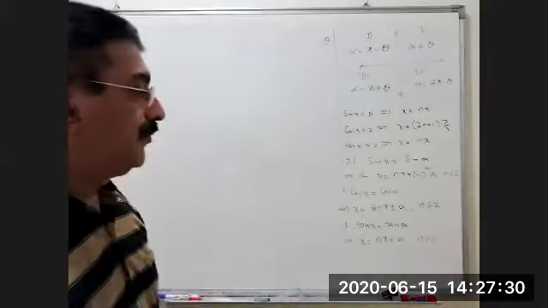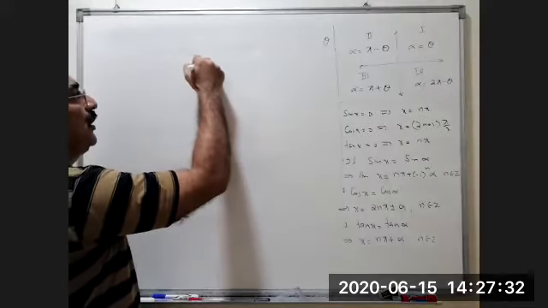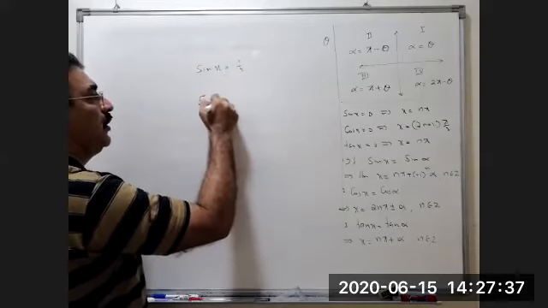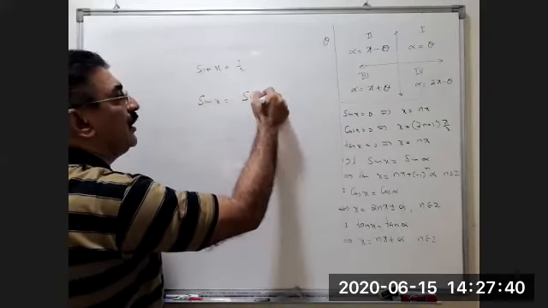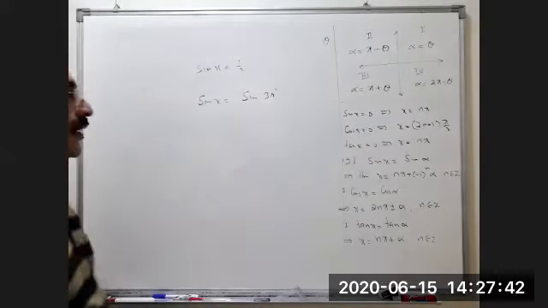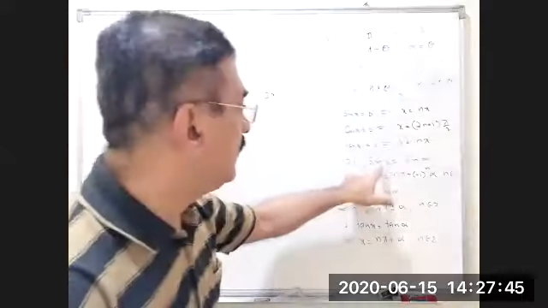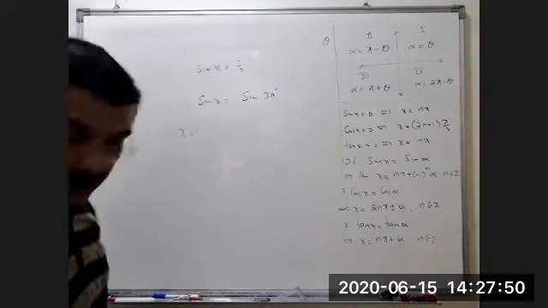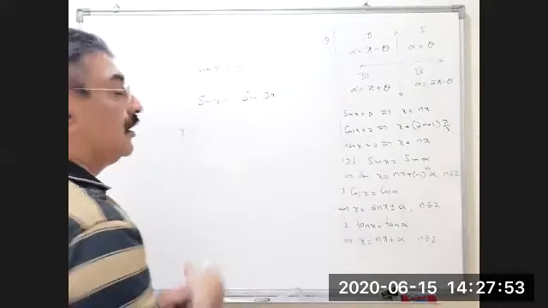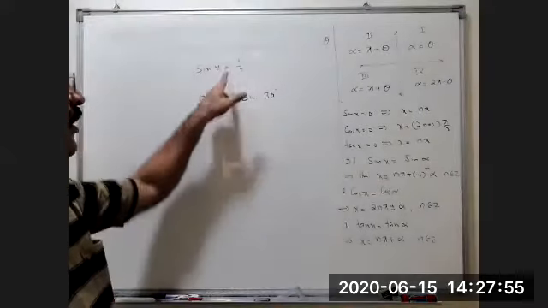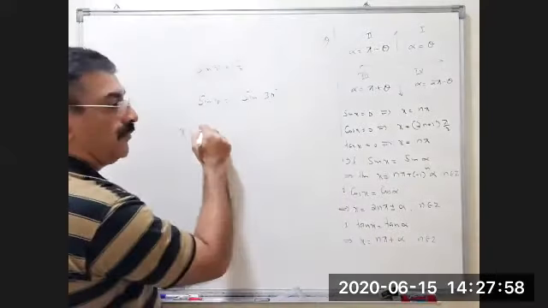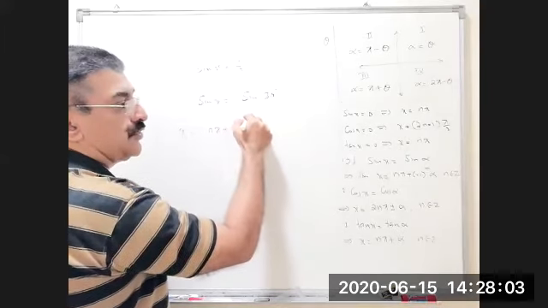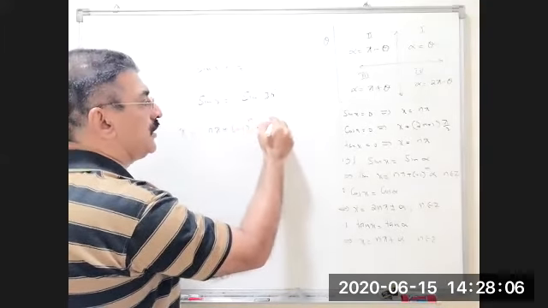See, for example, if sin x is equal to 1 by 2, this is sin 30 degrees. So we got sin x is equal to sin alpha. Then the solution x is equal to n pi plus minus 1 raised to n into 30 degrees.